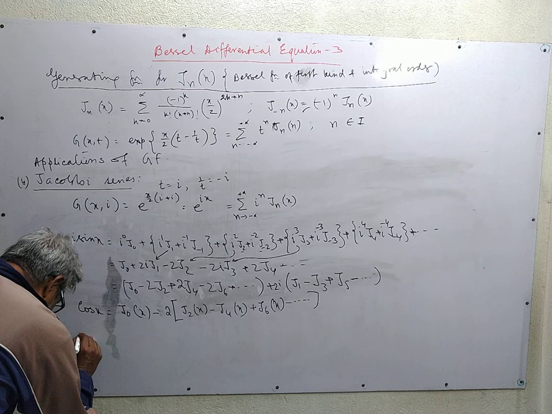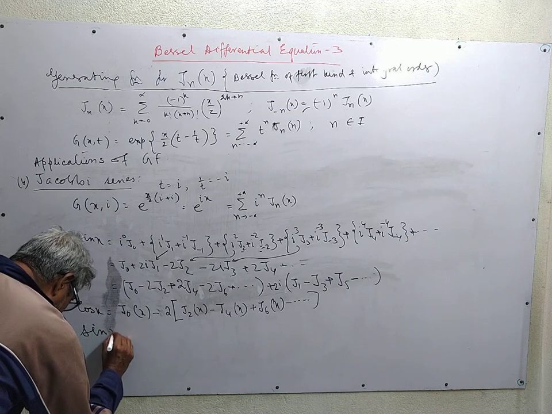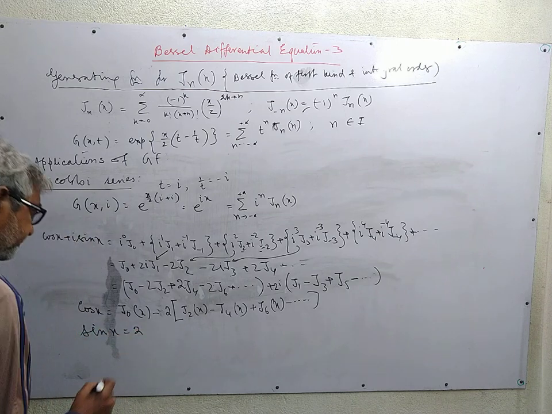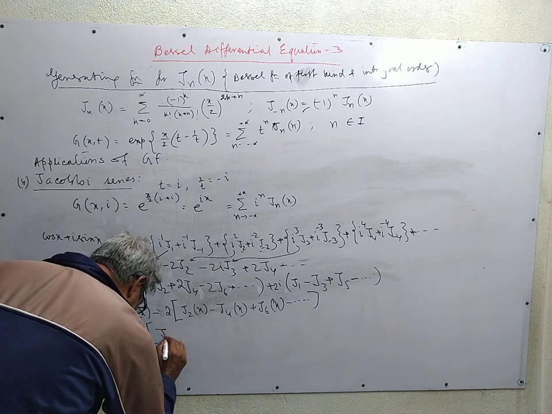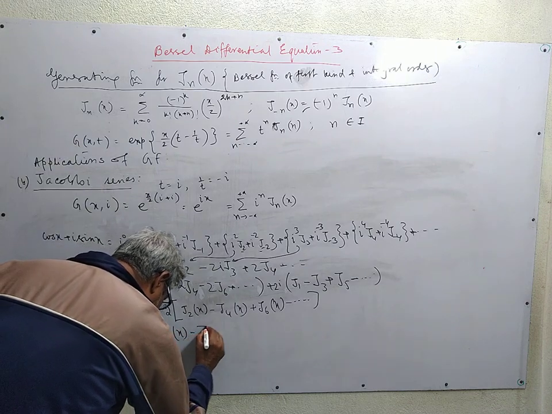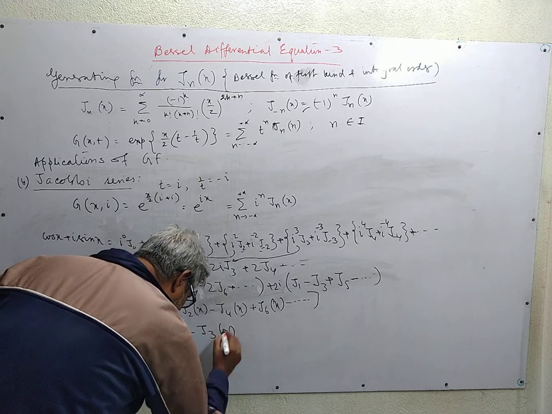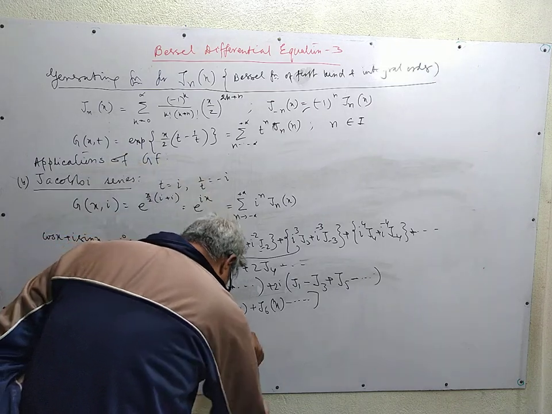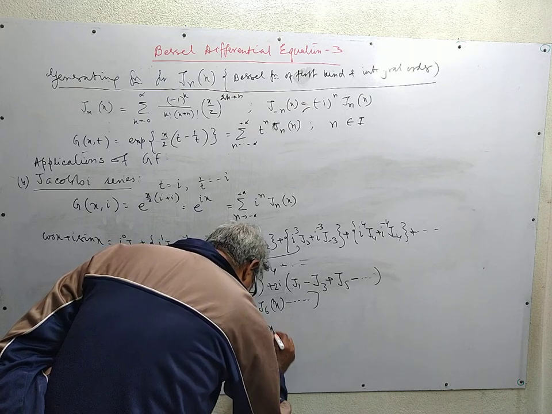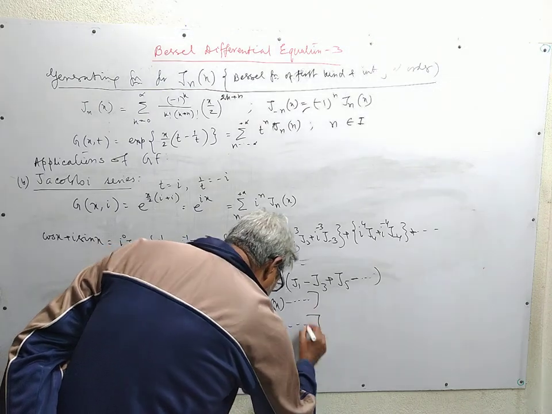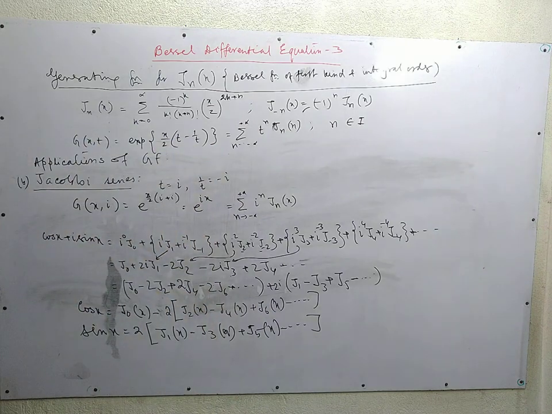And for sin x, twice j1 of x minus j3 of x plus j5 of x, and so on and so on. Either one of these expressions is known as Jacobi series.